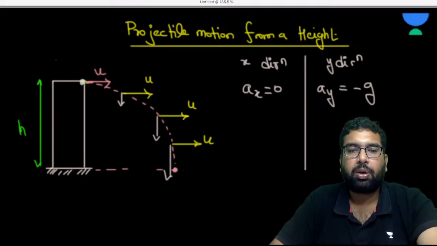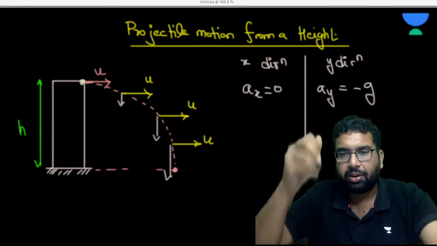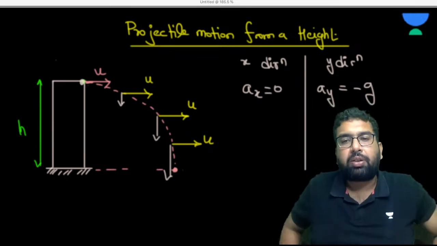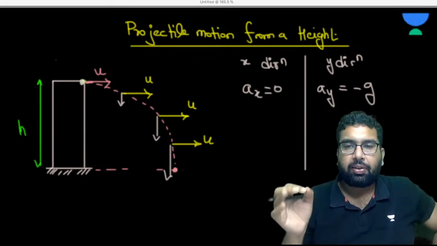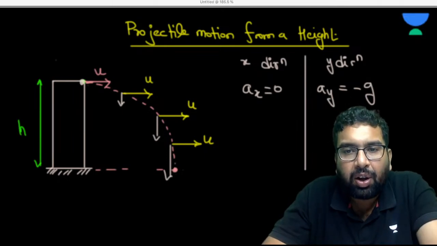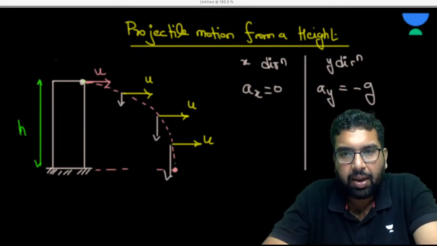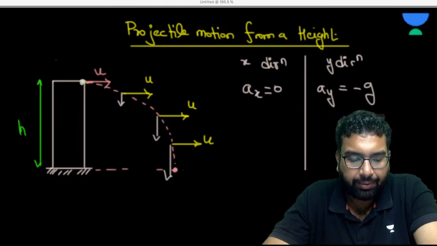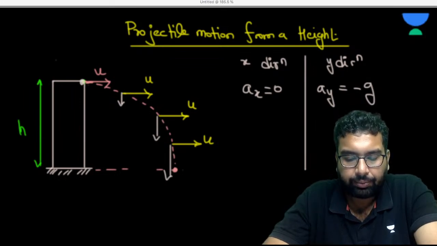Do we agree to it or not? Because acceleration is there in the downward direction, it will increase the velocity in y direction. I hope it is fine to everyone, right?